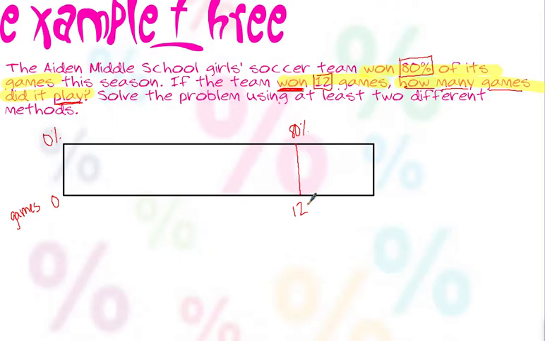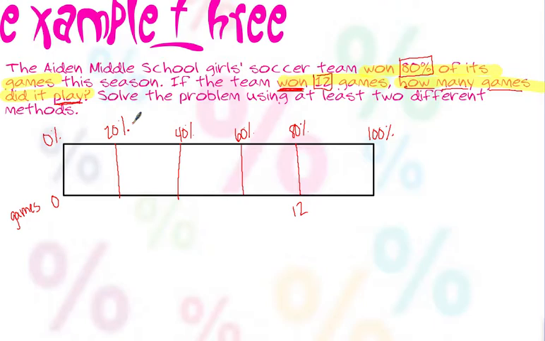So if 80% matches up with 12, I've got to think about how I can divide up my pieces to get that 80%. In order to get that 80%, I know I would have to divide each box into 20s. So I would have 60, and I would have 40 and 20.